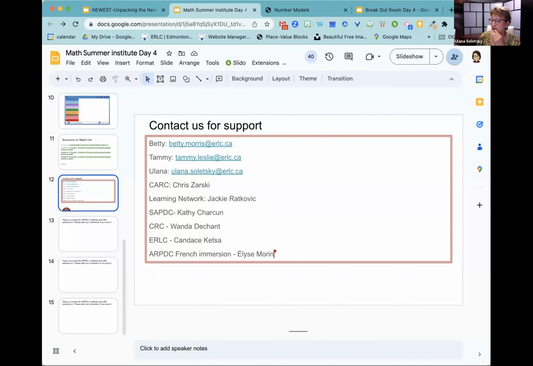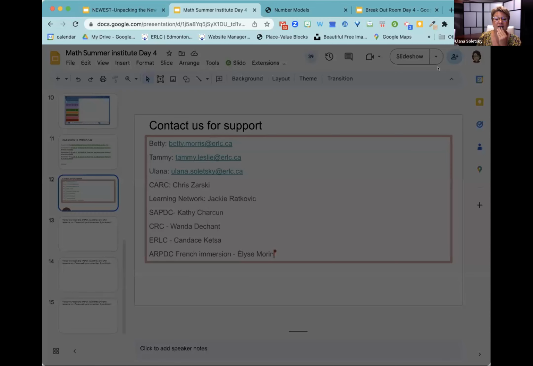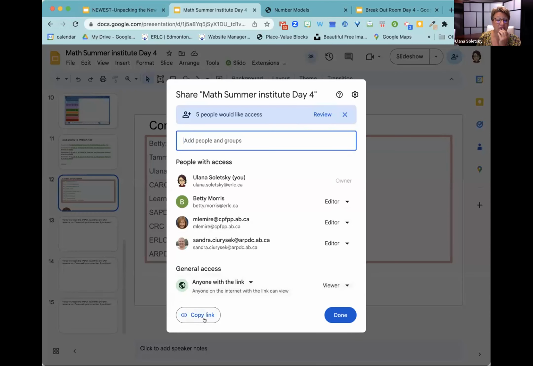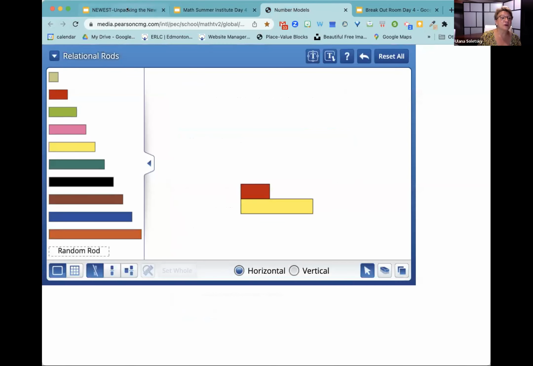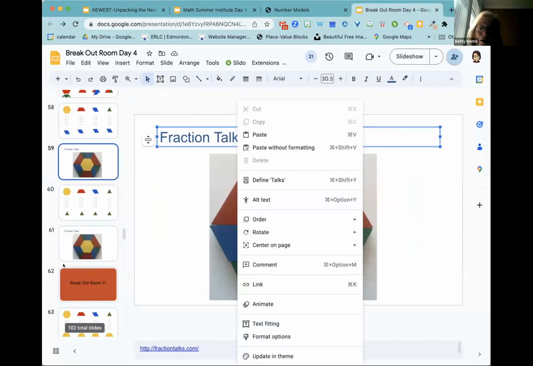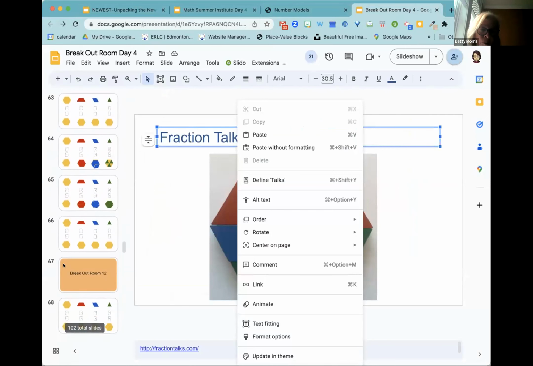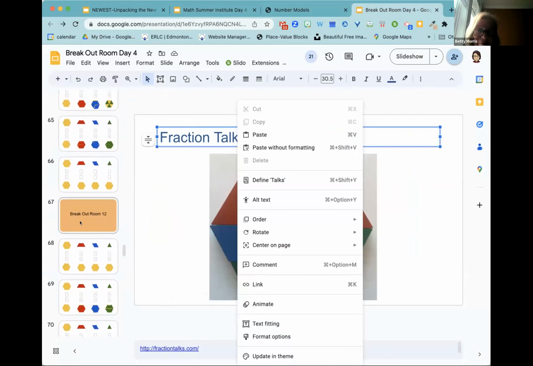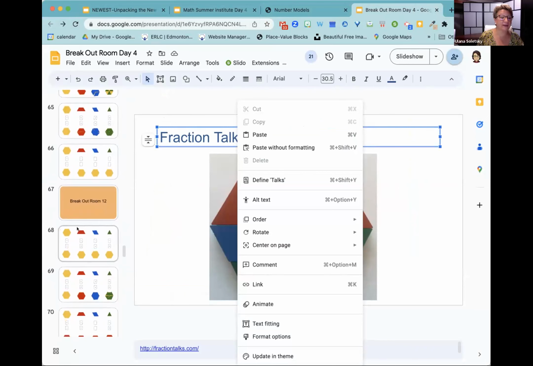You should be able to refresh your browser. If you look, I did put anyone with the link can view. And I'll be adding these slides. It says that they can view. Can they edit? No, they can make a copy and they can edit.